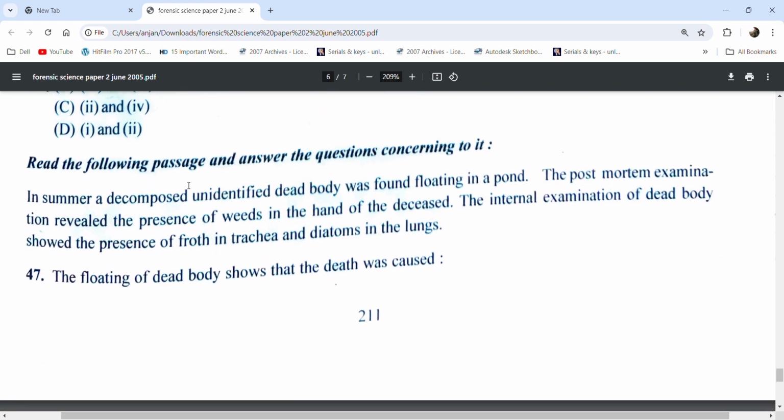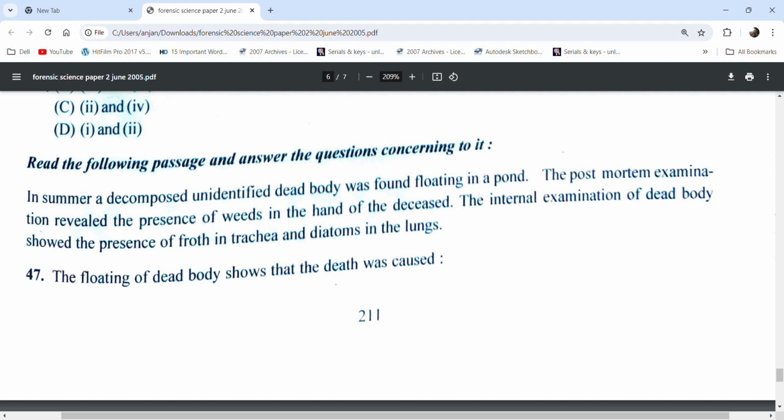Read the following passage and answer the questions concerning it. In summer, a decomposed, unidentified dead body was found floating in a pond. The post-mortem examination revealed the presence of weeds in the hands of the deceased. The internal examination of the dead body showed the presence of froth in trachea and diatoms in lungs.